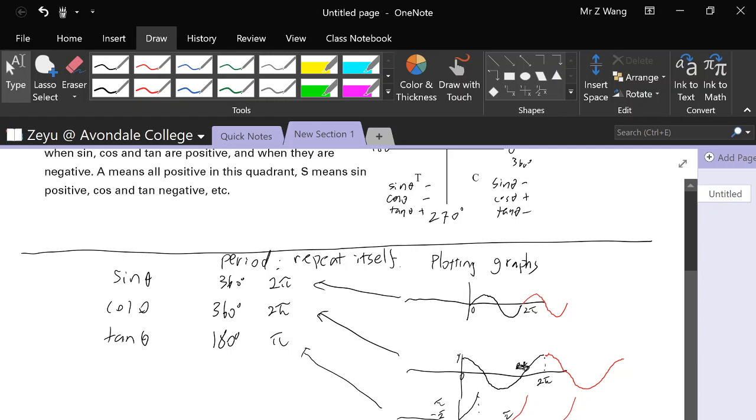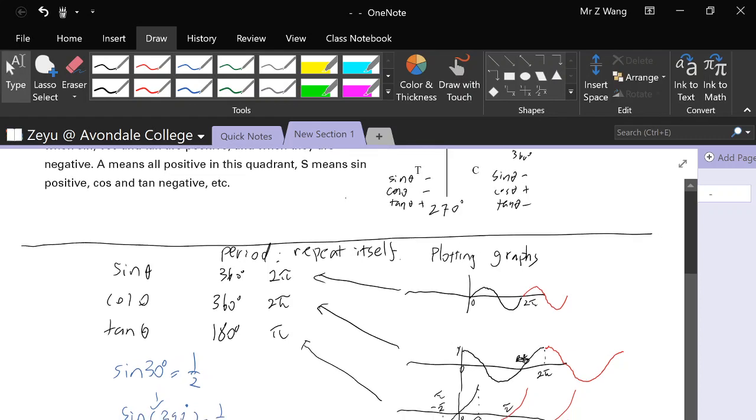From each graph, we know within 360 degrees it repeats itself. So if I know, let's say, sine 30 degrees is 1/2, I definitely know if I add another 2 pi, which is another 360, so 390 degrees, sine is also 1/2.